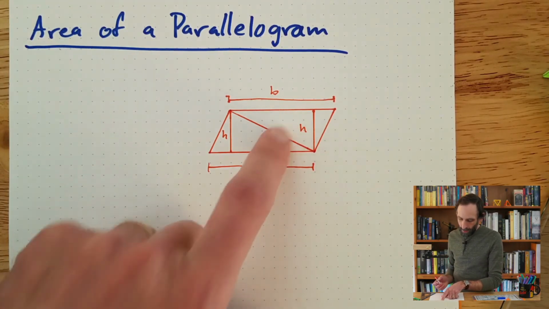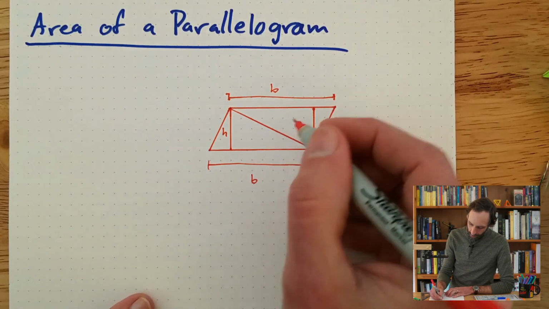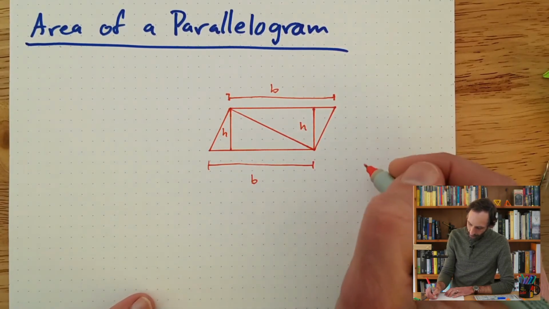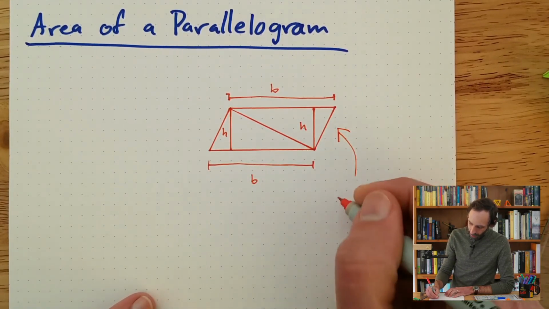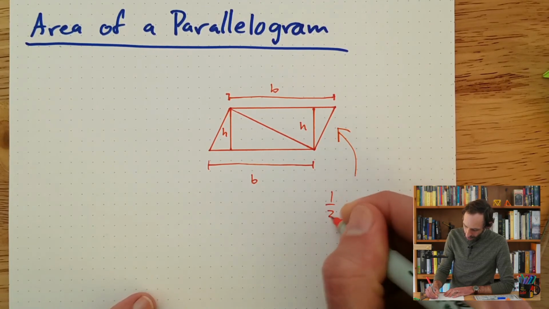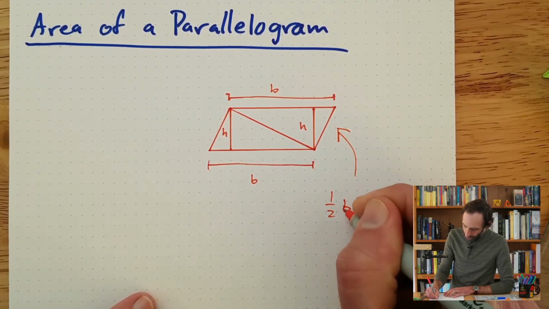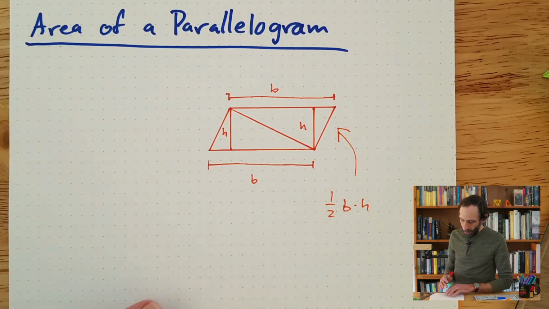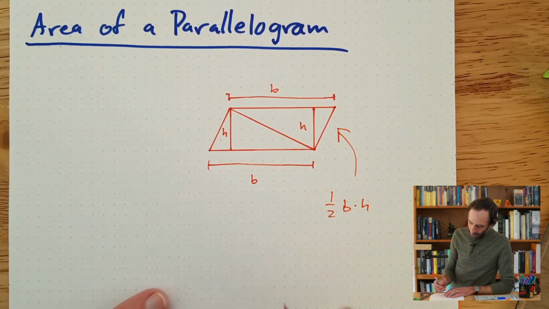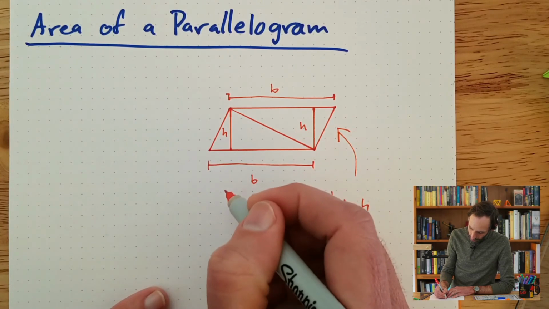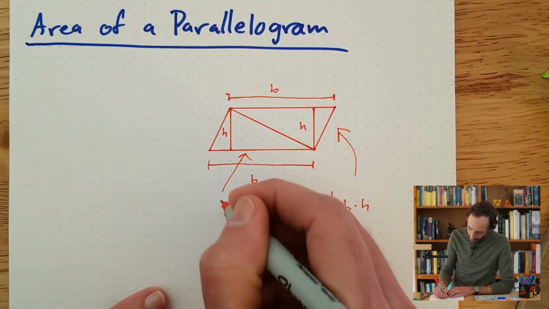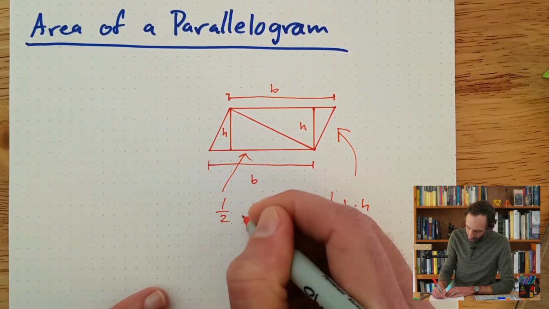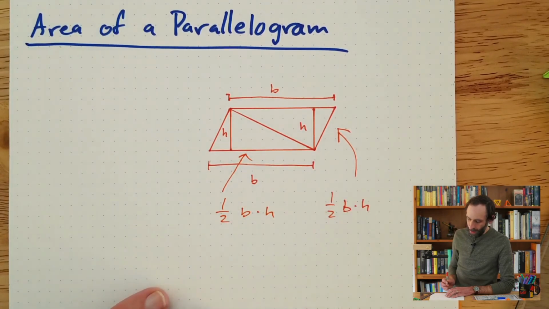So we could say, oh, the area of this triangle over here, I'll do this top one, okay? So that triangle, well, that's 1/2 base times height, based on the formula that you saw me just go through for the area of a triangle. And then how about this one over here? That triangle, also 1/2 base times height.